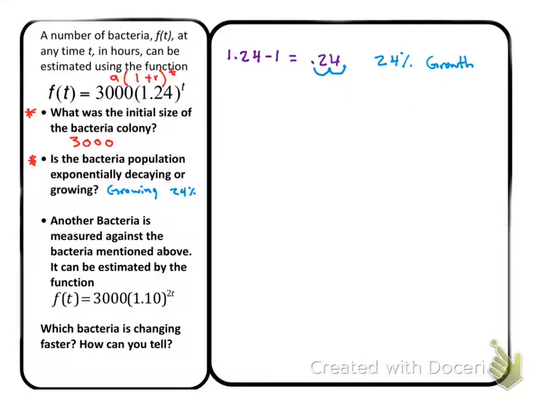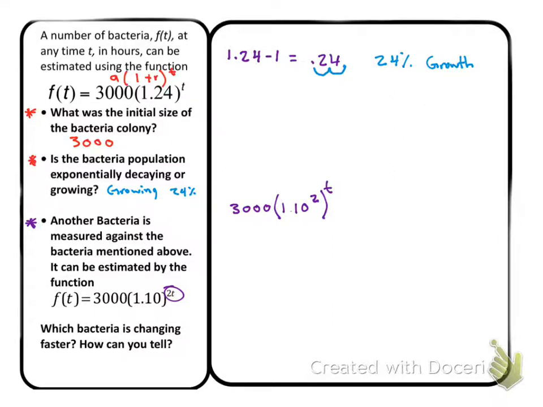All right, now we have another bacteria colony, so now I'm down here. Measured against the bacteria mentioned above, and it can be estimated by the function f of t equals 3,000 times 1.1 to the 2t power. So remember step 1, look at my exponent. Is it t by itself? And no, it's not. So we have to apply our power to power rule. And I'm going to do that over here off to the side. So we have 3,000 times 1.10 raised to the second, raised to the t.